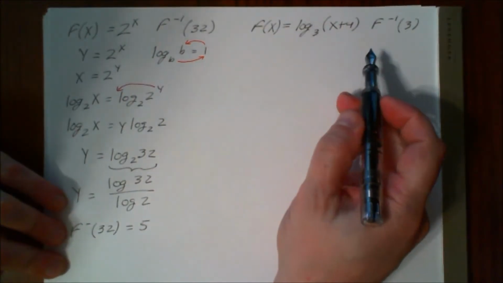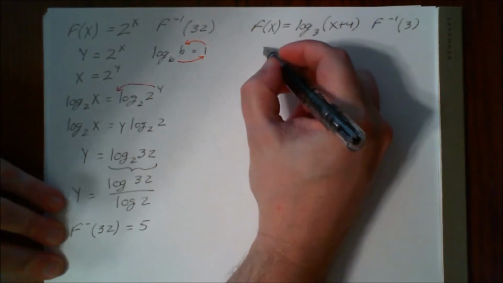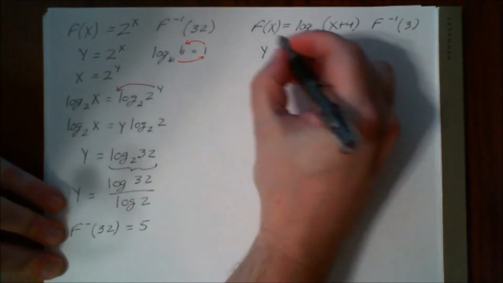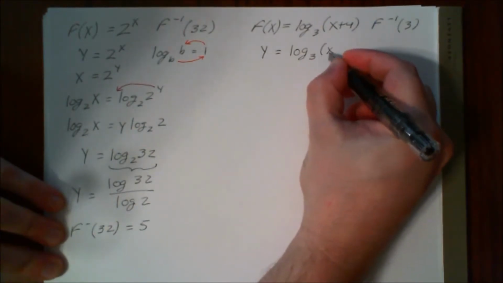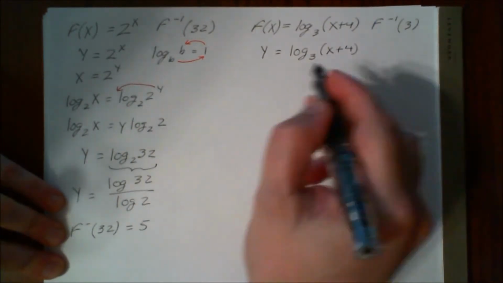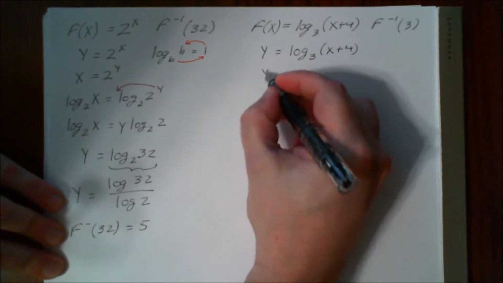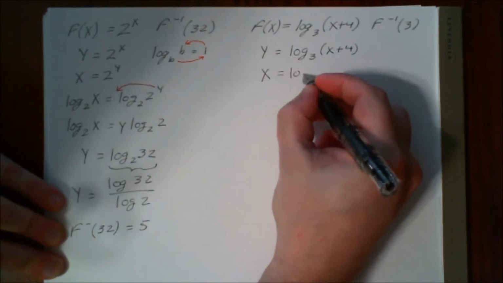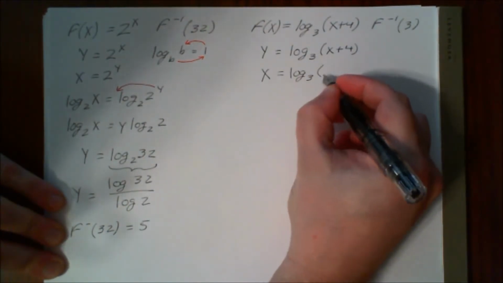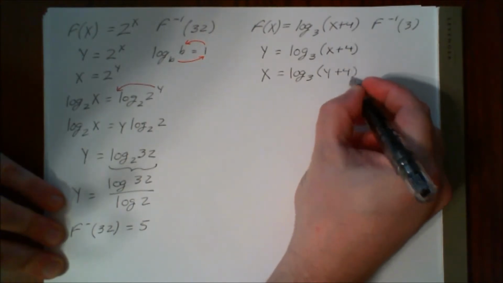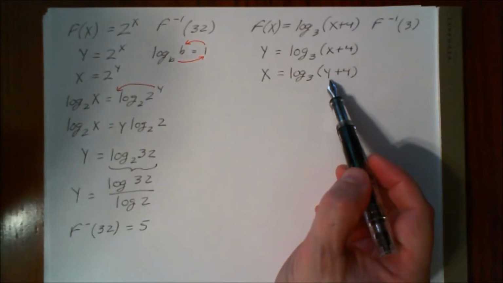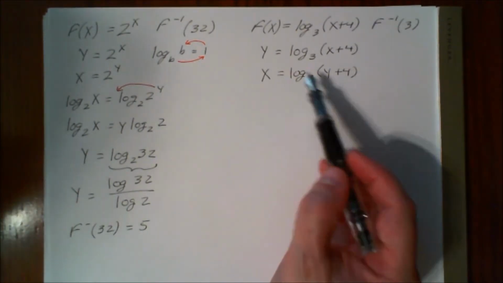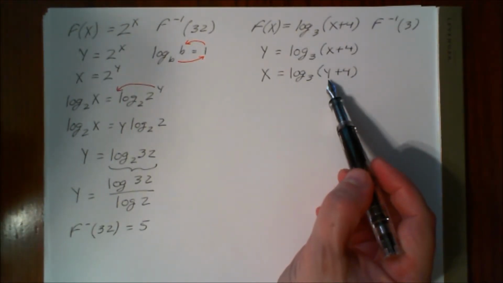So to start, we're going to find the inverse, same steps as before. Change my function notation f of x to y. And then I'm going to swap places. The x and y are going to switch here. Again, after we complete those first steps, we just solve for y.